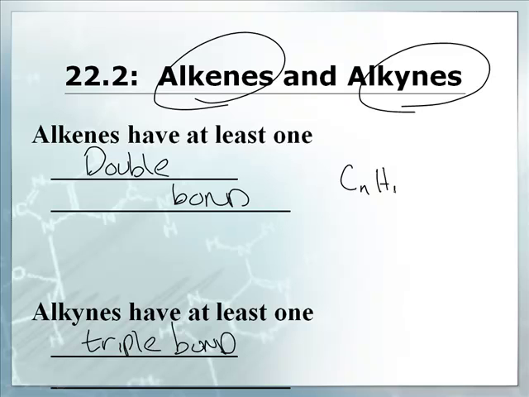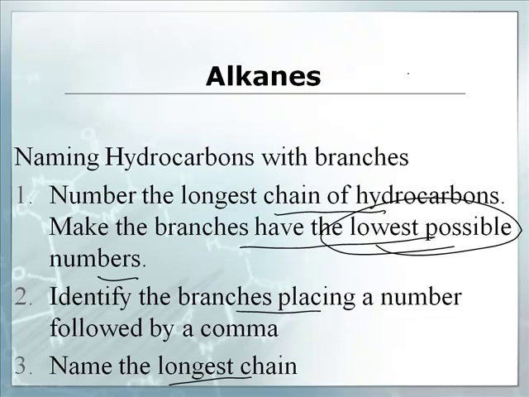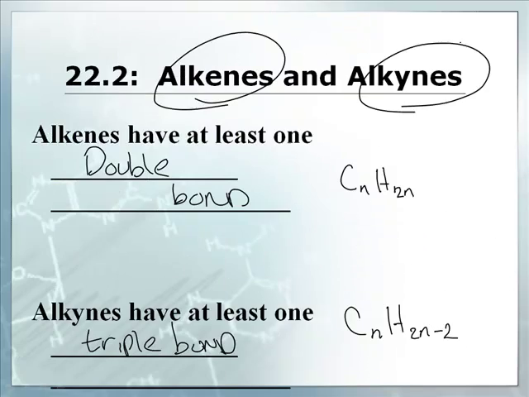And alkynes is CnH2n minus 2. And while we're at it, alkanes are 2n plus 2. Let's actually flip back to that. Alkanes have a formula of CnH2n plus 2, where n is the number of carbons. Now, if they form a ring, it's a whole other ball of wax, but if they're just straight, then you're fine.